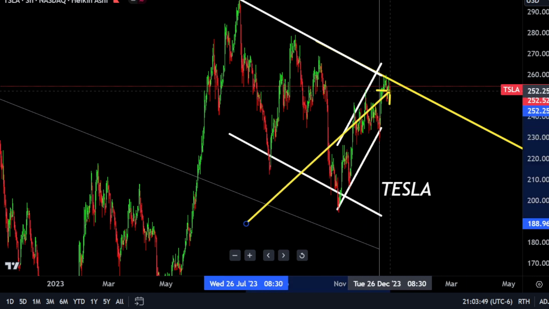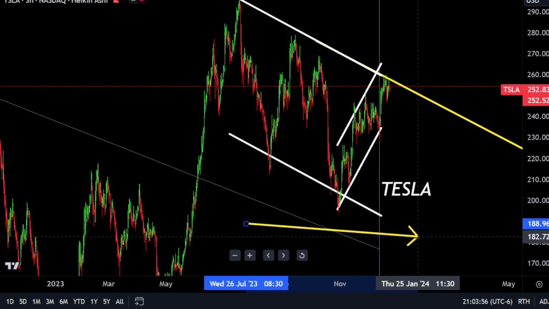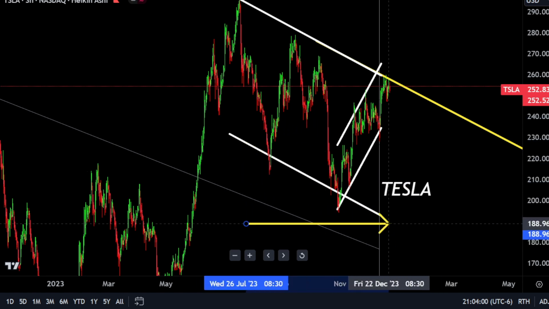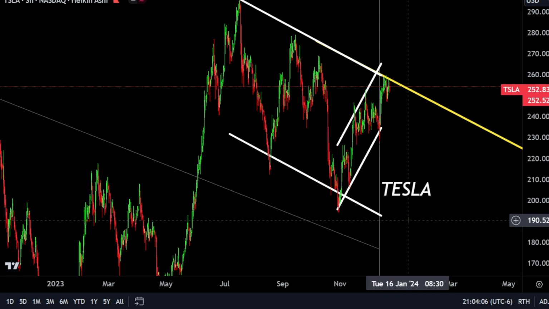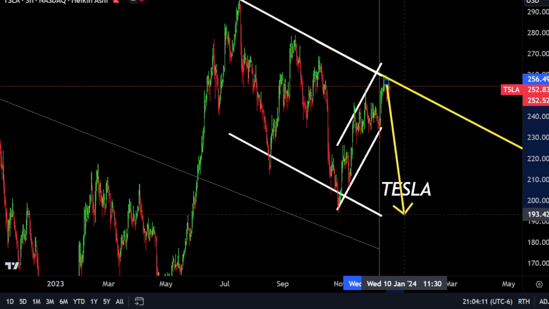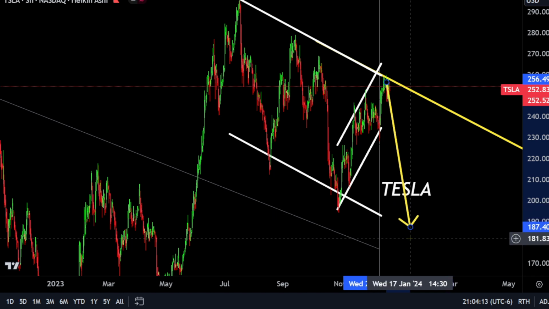Right now we're at resistance. If I'm looking to short the market, what strike price should I look at? I would look at my support, right here, 189, so 190. I would do a 190 strike price, mostly because if this drops down here, then you're going to have gains all the way down.